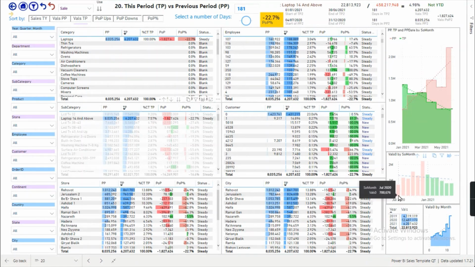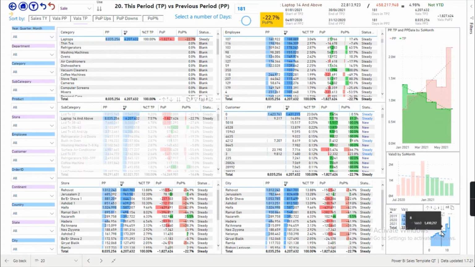The red is the end of 20 and the green is the start of 21. So we're comparing the first half of 21 not to the first half of 20 but to the second half of 20. That is very strong.